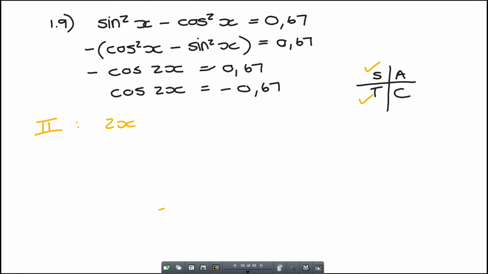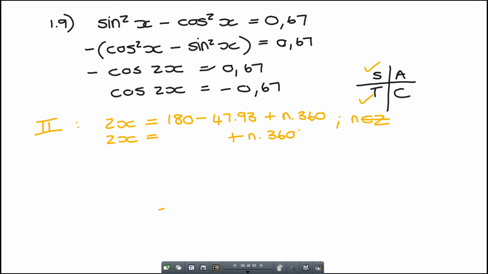Wat sê jy? 180 minus, hoeveel is reference angle? Shift cos 0,67. 4793, ja. N times 360. Okay, so 2x.